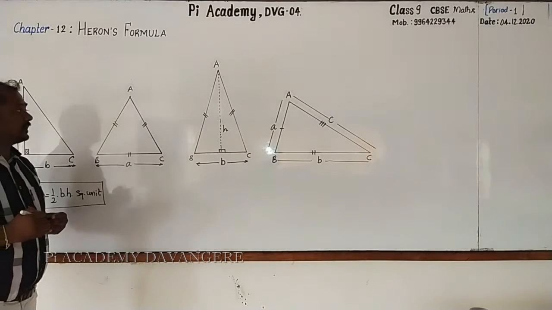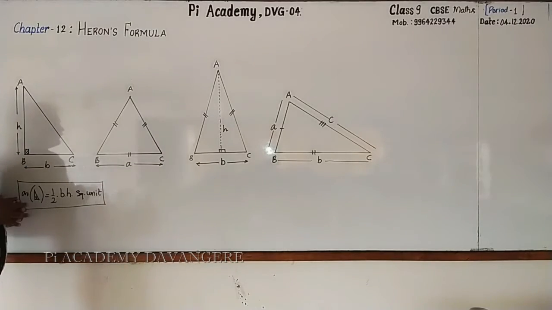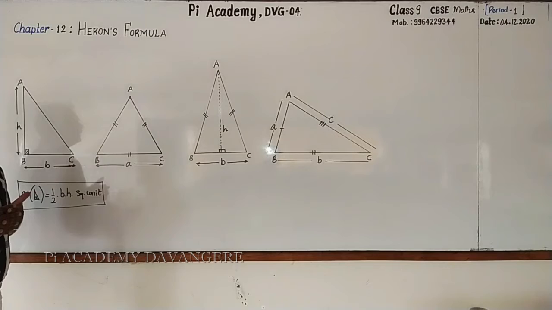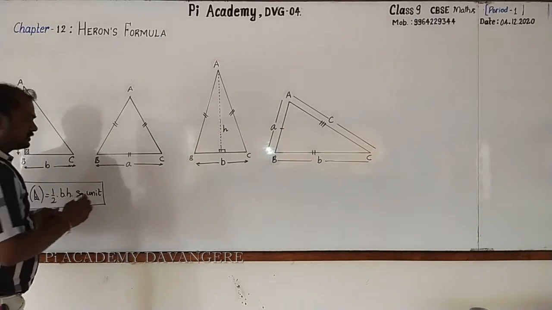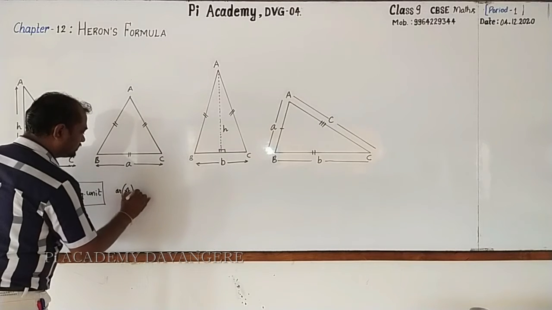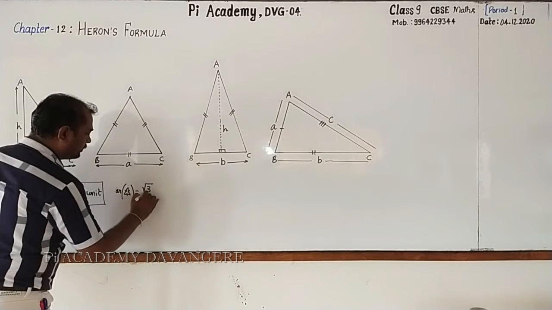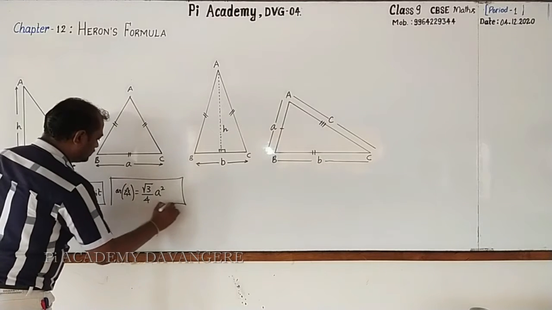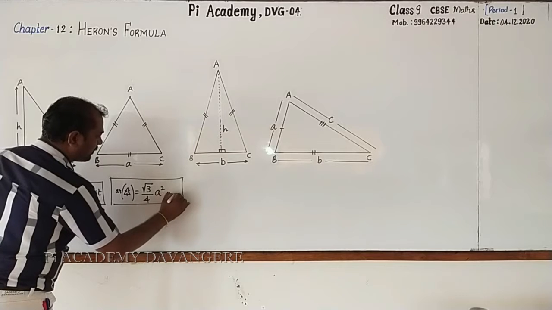What about the second one? Can we go for using the same formula? No. For an equilateral triangle, again we have come to know a formula to find out area. That is, area of equilateral triangle is equal to root 3 by 4 into side square, square units.